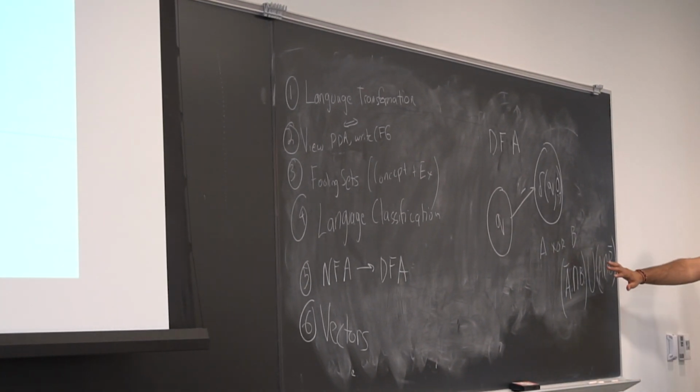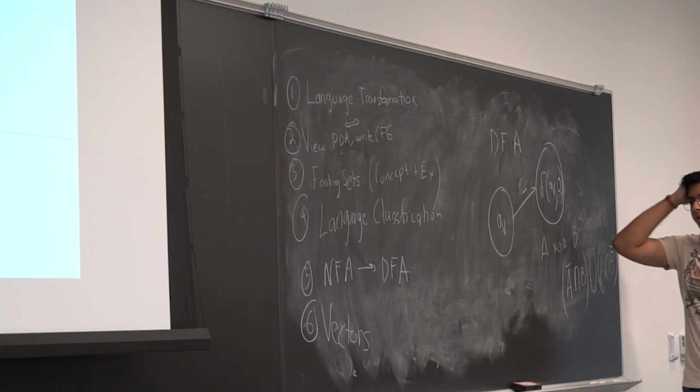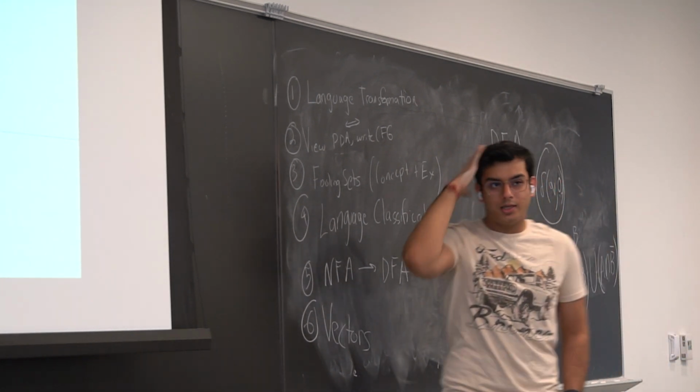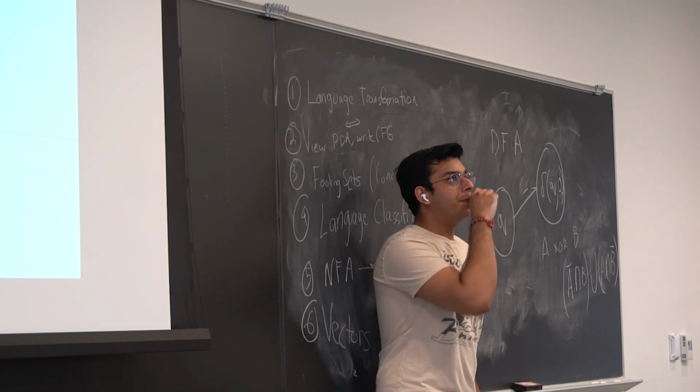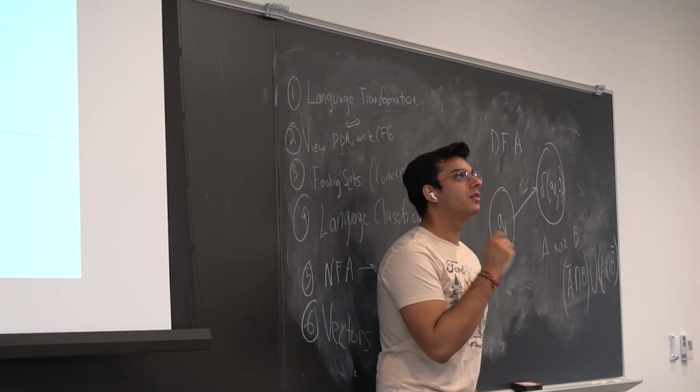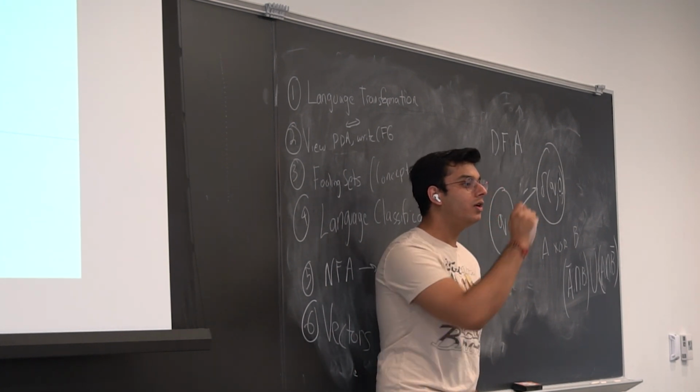I think this is what XOR is in Boolean logic. But the issue that I'm seeing with this is you want to prove that the language flipped every third character is regular only when L is regular.